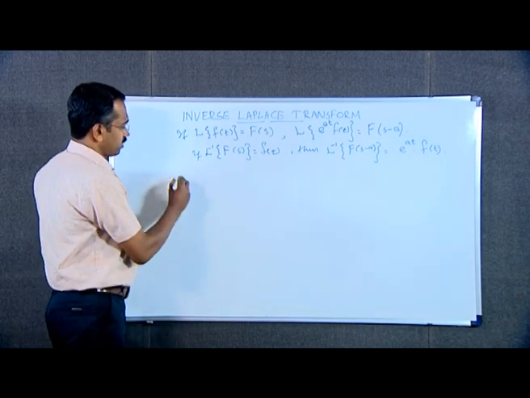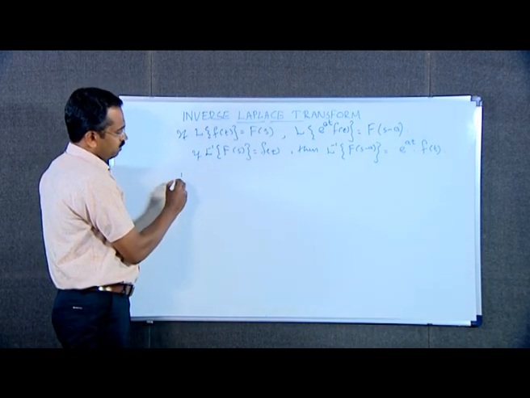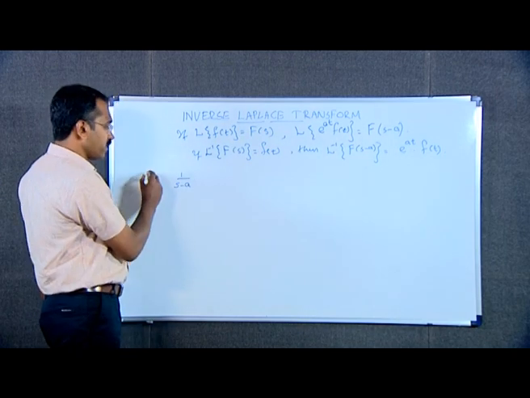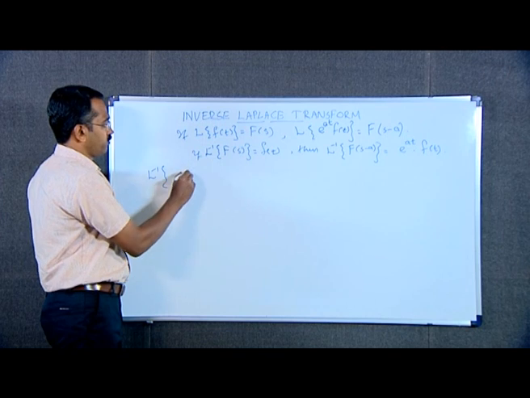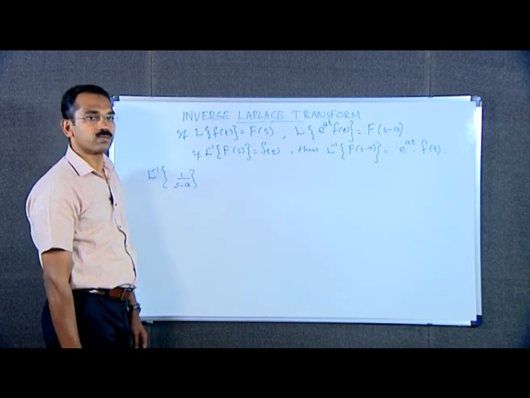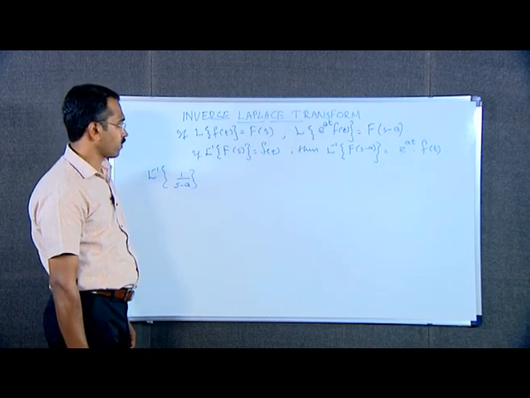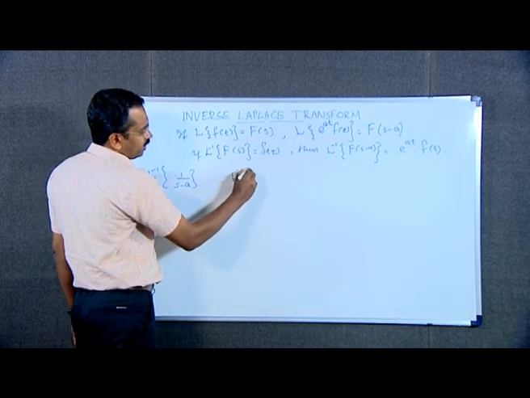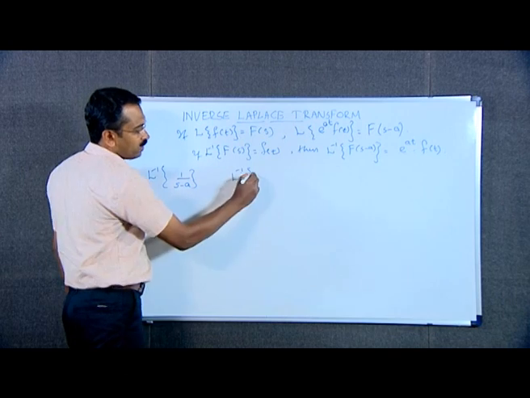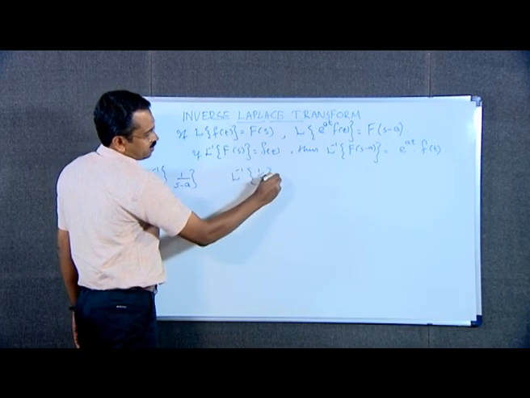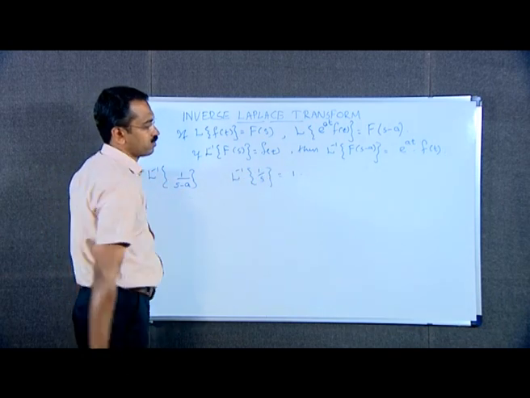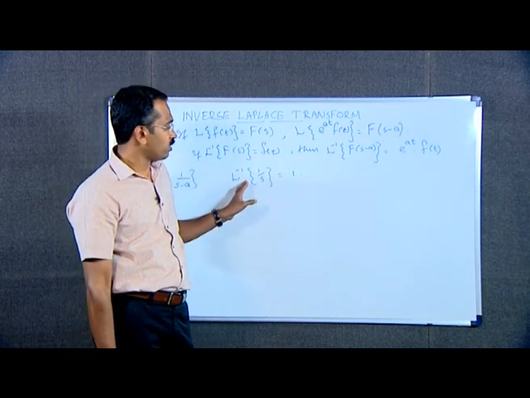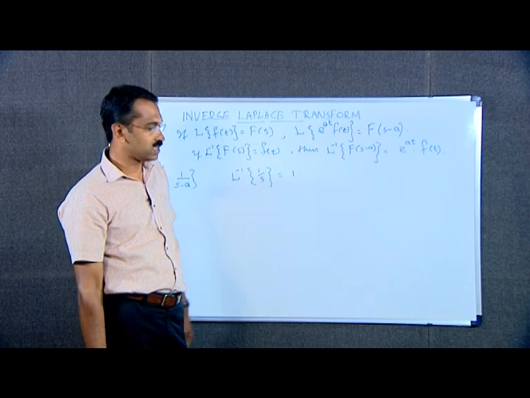Consider this function, 1 by s minus a. We have to find the inverse of this function. We have L inverse of 1 by s is equal to 1, because Laplace transform of 1 is 1 by s. Therefore, L inverse of 1 by s is 1.